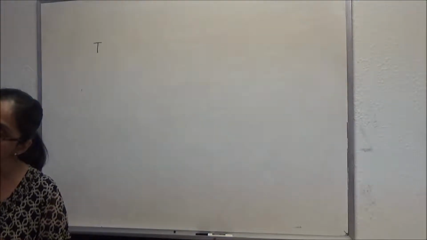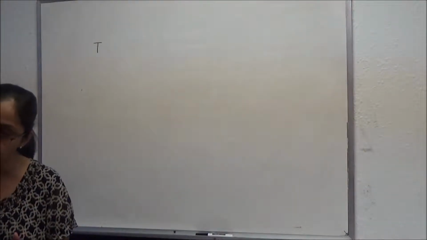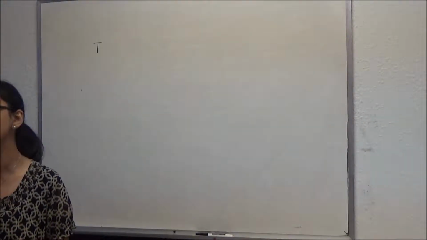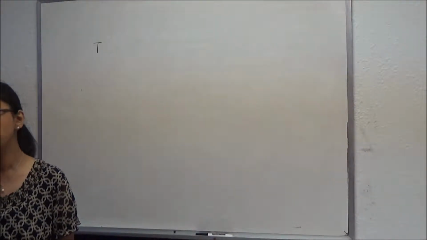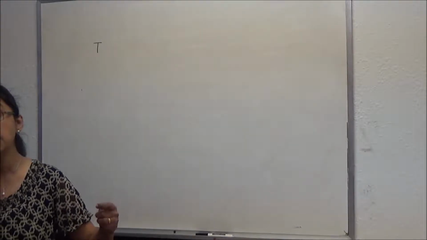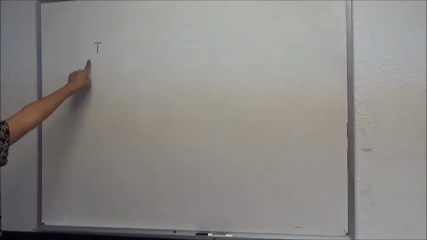You know what an oscillation is? If something is happening in the same manner over and over, like a pendulum, we call it an oscillation. So the time taken for one cycle is called the period.